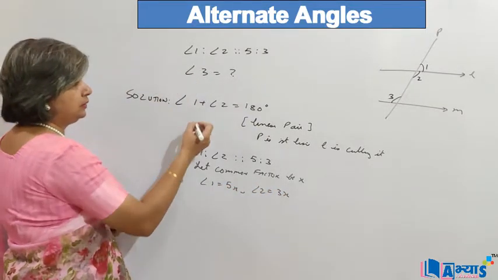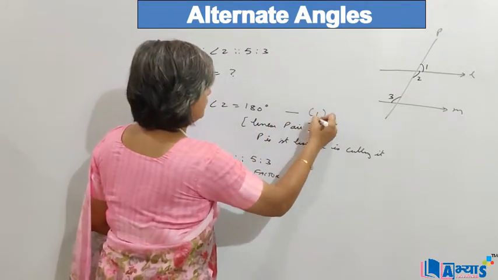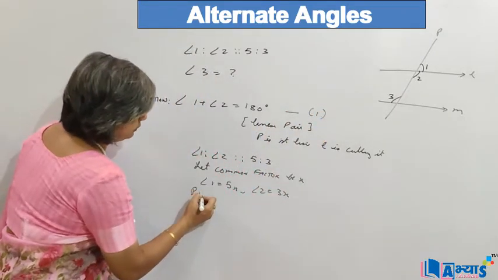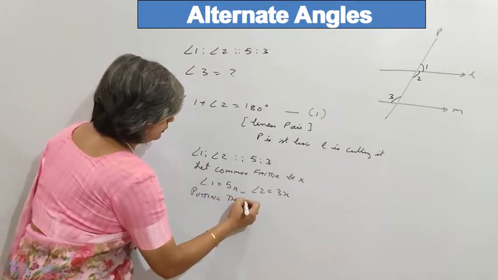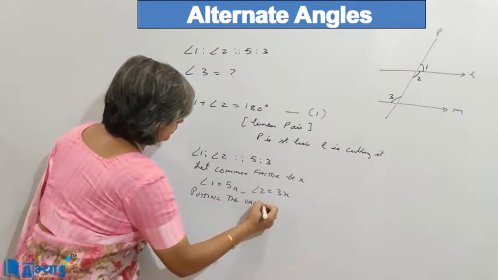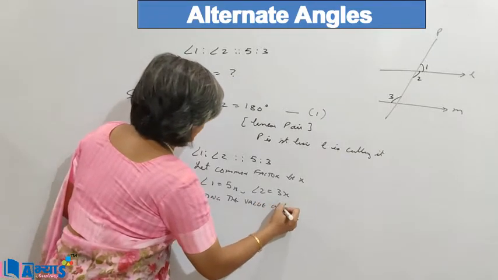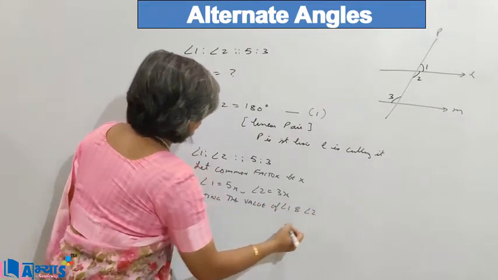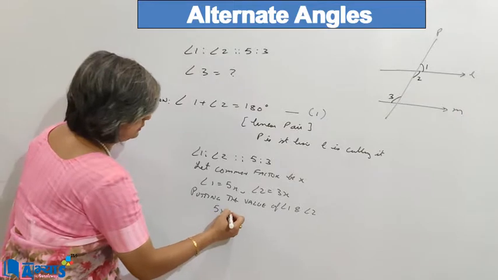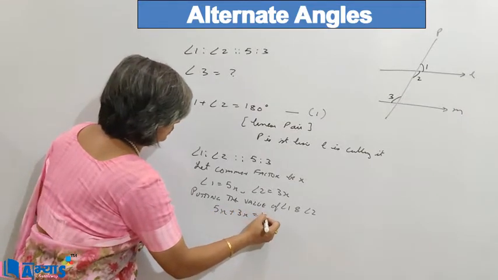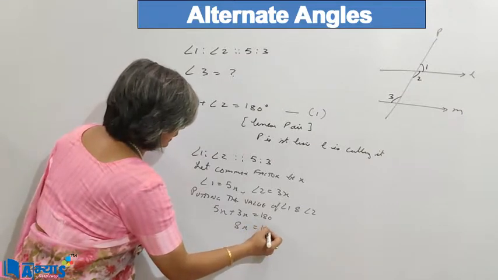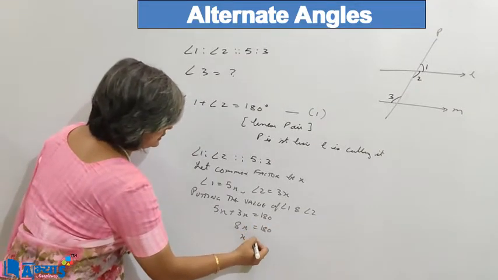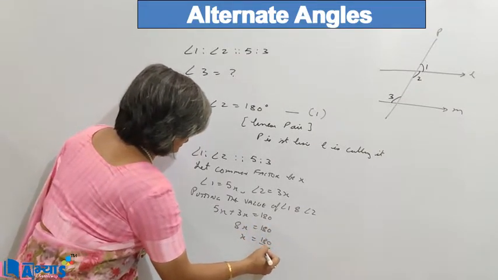Putting these values in equation 1, we will get 5x plus 3x is equal to 180 degree, or 8x is equal to 180 degree, or we can say x is equal to 180 upon 8.